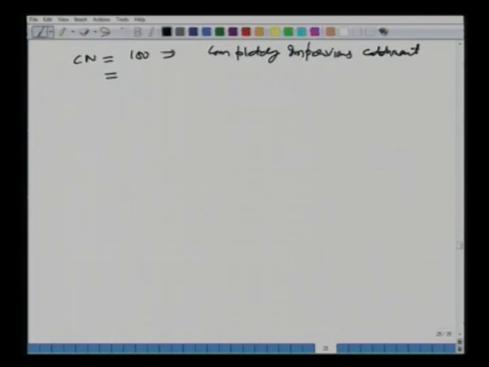And if the curve number is 0, it means a completely pervious catchment, which actually does not occur in real life.